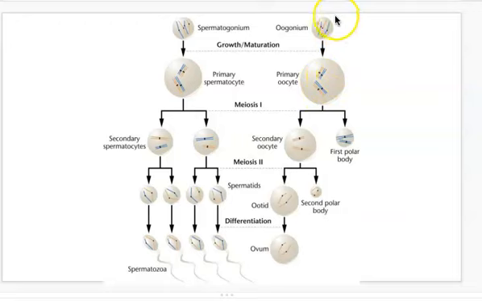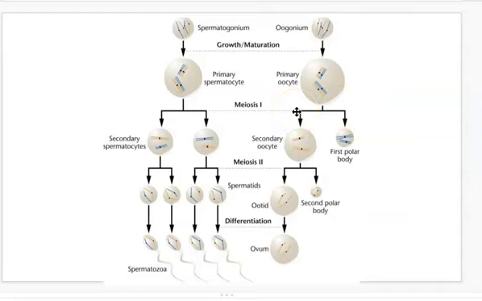Primary oocyte. So oogonia to primary oocyte happens early in fetal development. Meiosis 1 also starts and then stops, actually, I think in prophase 1. So mitosis happens in the developing fetus, it starts meiosis, but stops in meiosis 1.